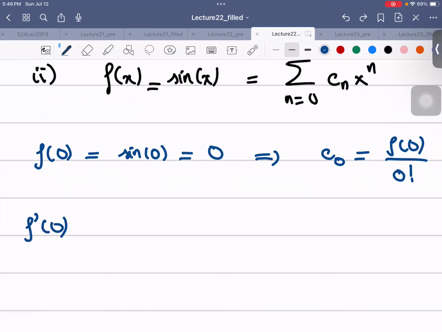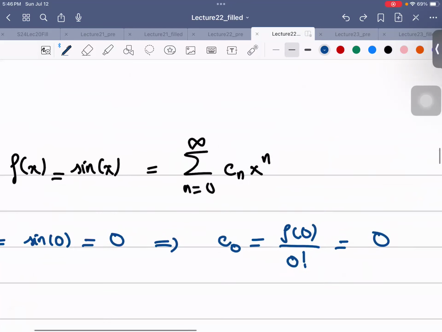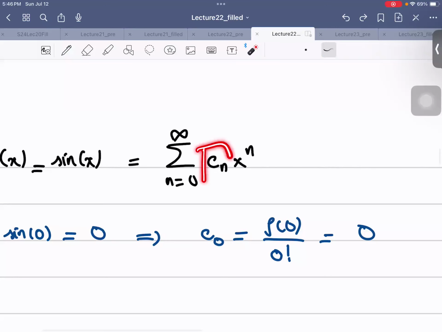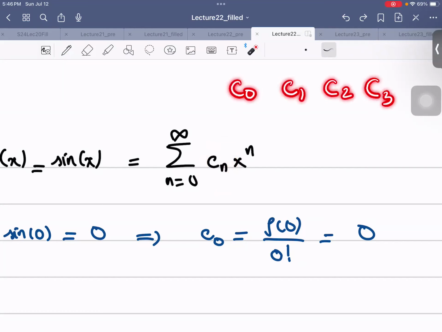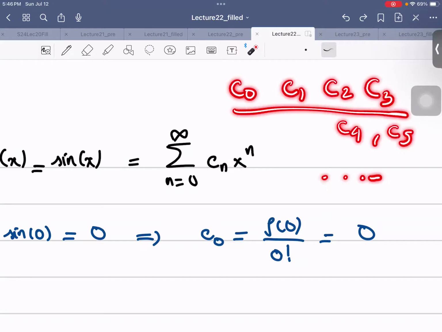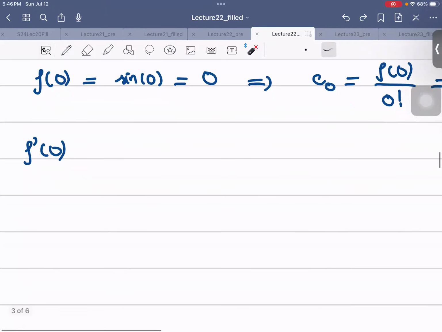Okay, how about C1? Remember that you need to know Cn, and to know Cn, you need to compute C0, C1, C2, C3, C4, C5, and then you find the pattern so that you can compute Cn.